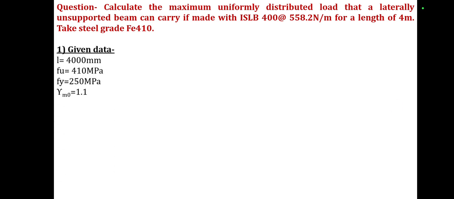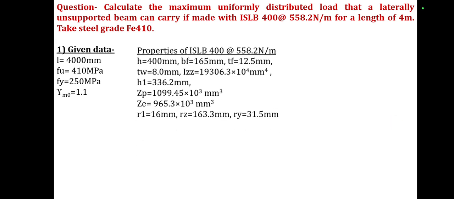This is the given data. L is 4000 mm, Fu is 410 MPa, Fy is 250 MPa, and gamma m0 is 1.1. Then from the steel table we have to write down the following properties of the section.